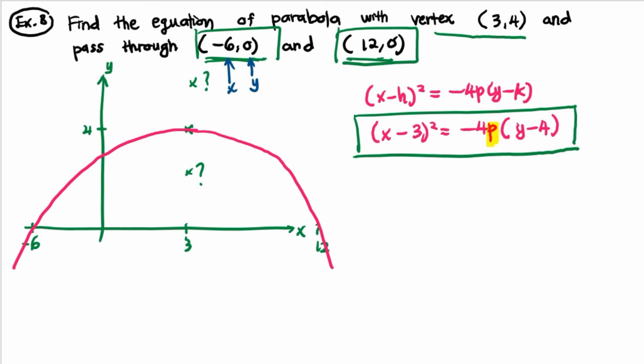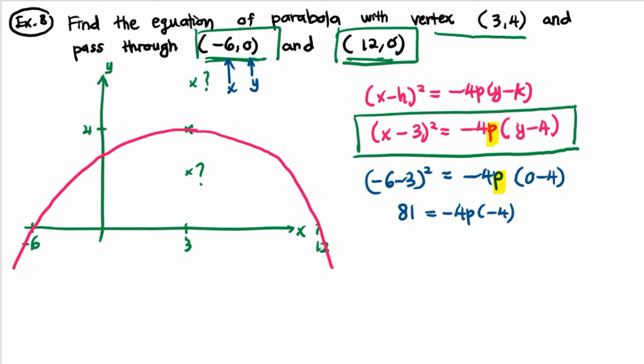If we substitute the values for x and y in this case, we have (negative 6 minus 3) squared and negative 4p. Our aim is to find the value for p. It will be (0 minus 4). So we have 81 equals negative 4p multiplied by negative 4.